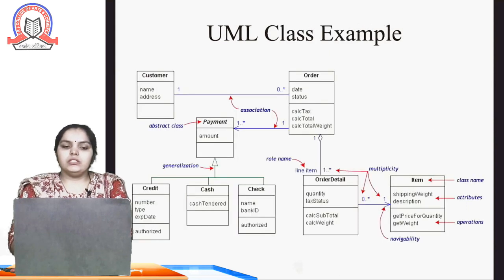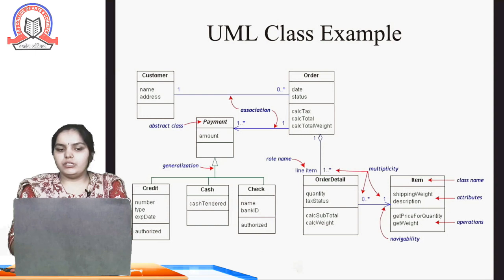Now we'll see an example of a class diagram. As you can see here, different classes are there like customer, order, payment, then credit, cash, check, and order details. Customer and order have a 1 to 0 relation, and order and payment have a 1 to 1 relation. Between payment and credit, cash and check, there is a generalization relation.